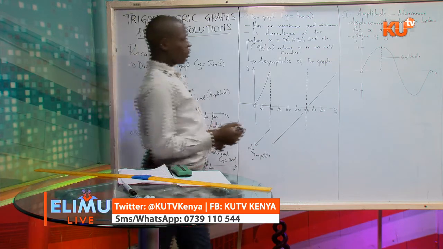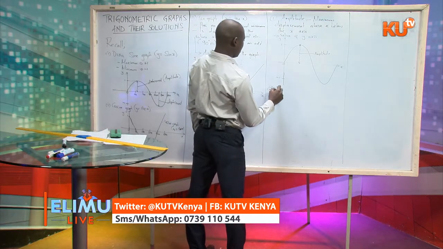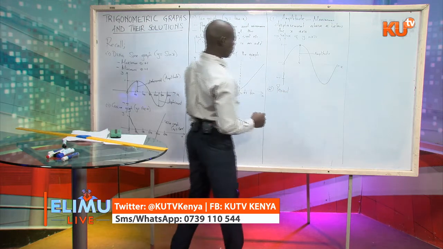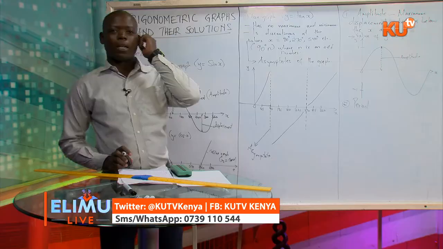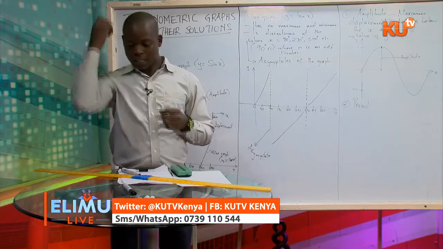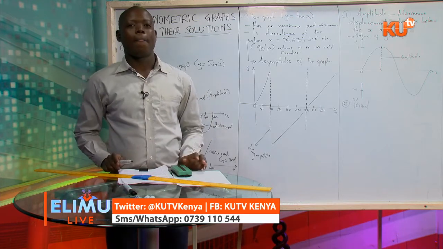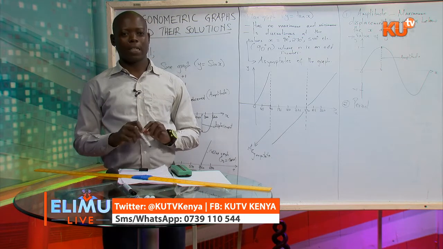Number 2, we are going to discuss and see how to identify the period of a graph. In this line, we will need to know that when we are discussing the period, we see the time taken to make one complete oscillation.